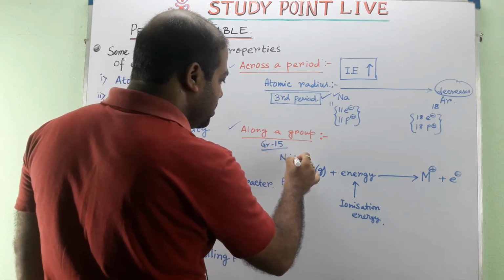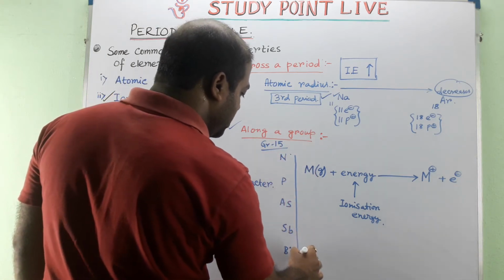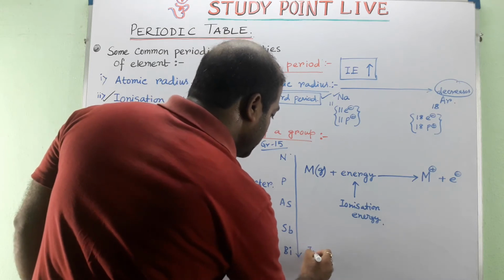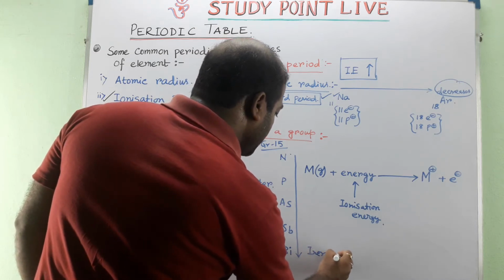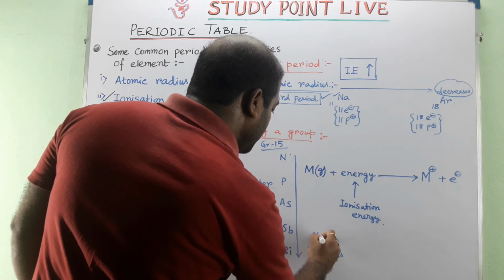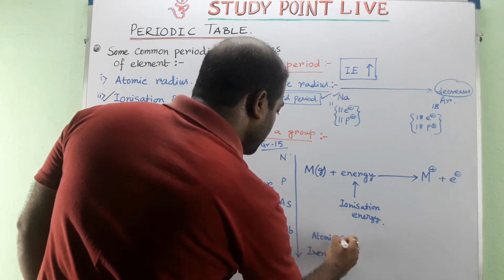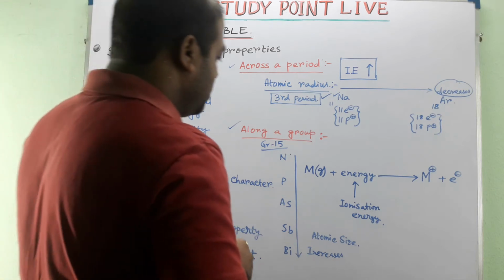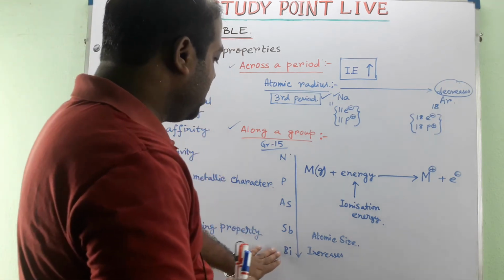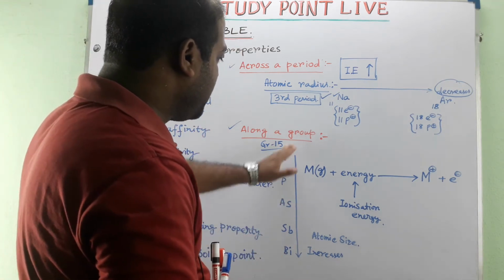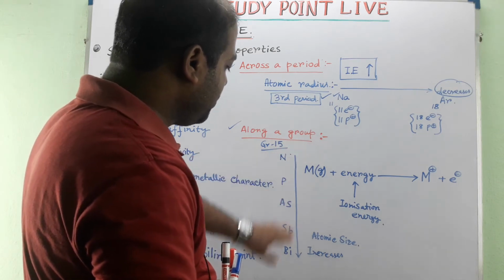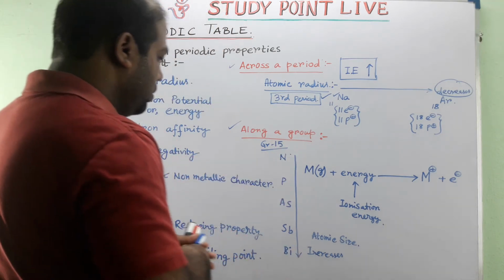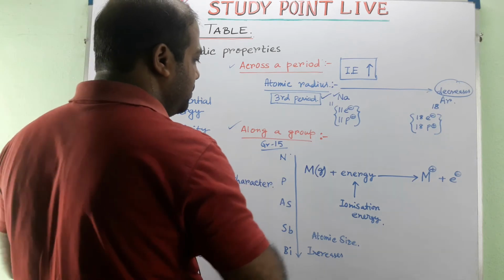The atomic size from top to bottom increases. So the electron, which is loosely bound for bismuth, is far apart from the nucleus of bismuth compared to that of nitrogen.